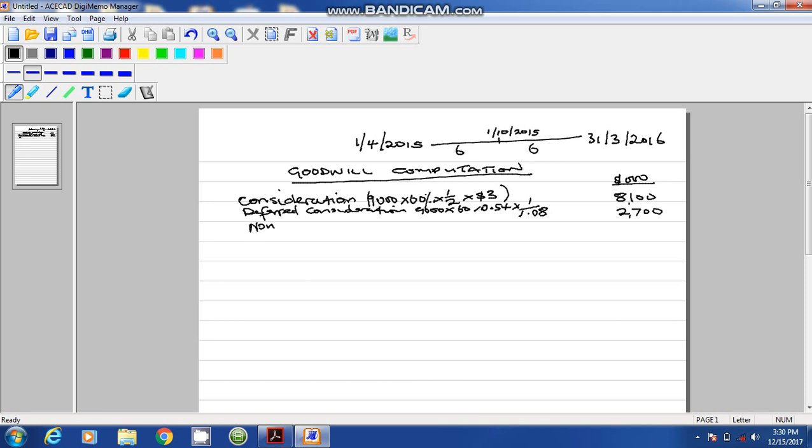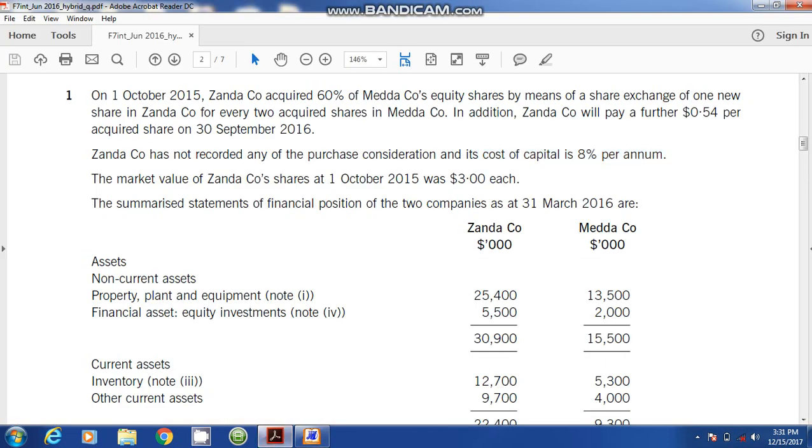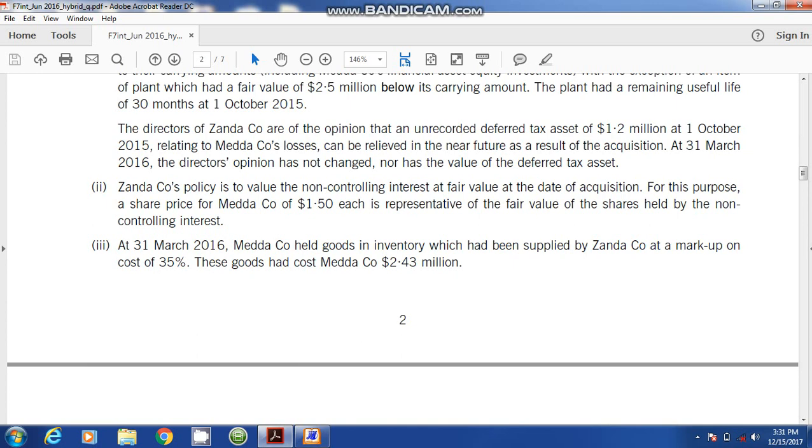Next is the non-controlling interest. We acquired 60%, therefore 40% belongs to the NCI. The value of the NCI is given in note 2, 150.